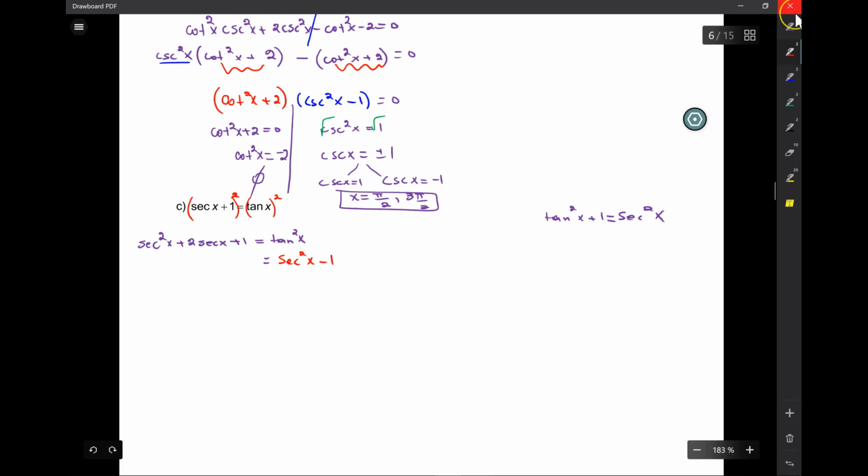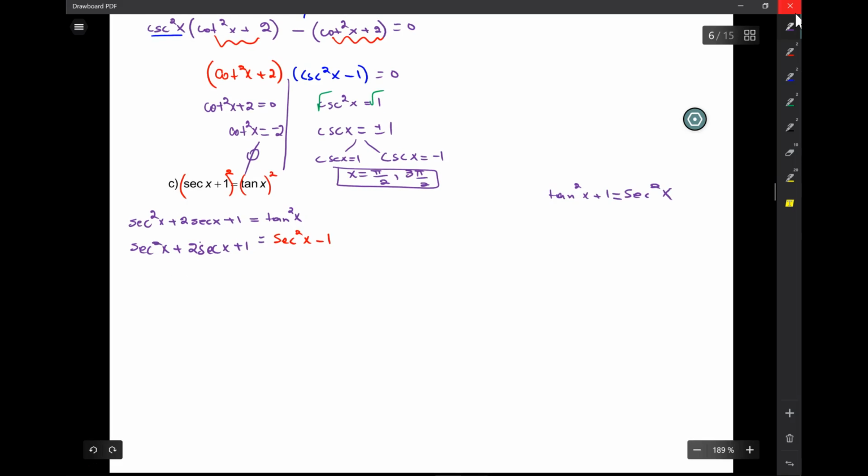Identity, last lesson. So, oh no. Wait. What's happening? All right. So, secant squared x plus 2 secant x plus 1 equal to that. What happens to the secant squareds? They cancel. Yes. So now, what I'm going to do is add 1.